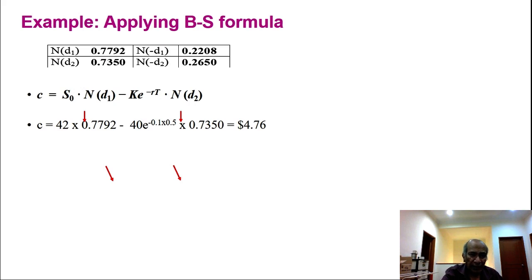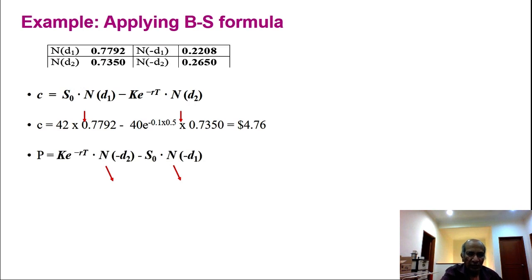The stock price is $42, the S0, times 0.7792 what you have computed as ND1, minus 40 discounted by 0.1 times 0.5 times the ND2 should be giving you $4.76. That is the call price. If you use the put call parity, you can calculate the put price, but if we ask you to apply the BS formula to calculate, then that's it.